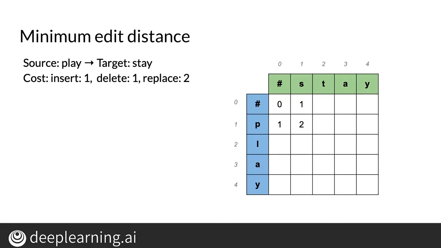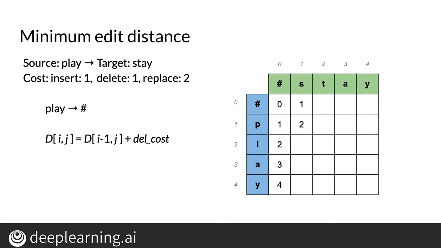So you filled out some of the table already, and it looks like this. Now, to fill out the rest of the table, you must first fill out the remaining cells of the leftmost column and top row. In fact, you know that to transform play into an empty string, you can just delete each letter. So let's try that. You can fill out these cells, top to bottom, by following this formula. For each cell, look at the cell above and add the cost of an extra delete edit, which will be 1.